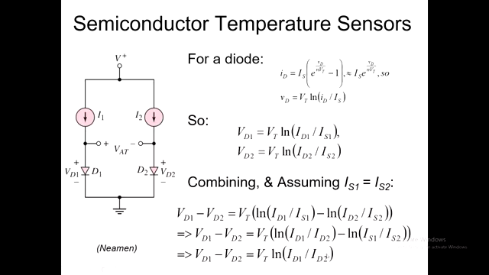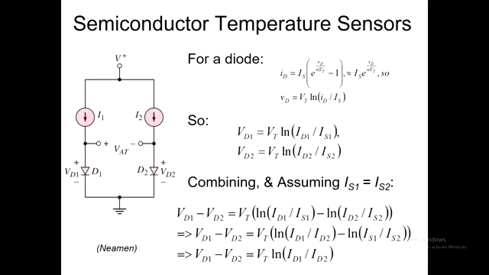If we can organise the two currents. Now, there is an issue here that if we make the two currents equal, then we end up with zero output. So the currents in both diodes have to be different, known but different.